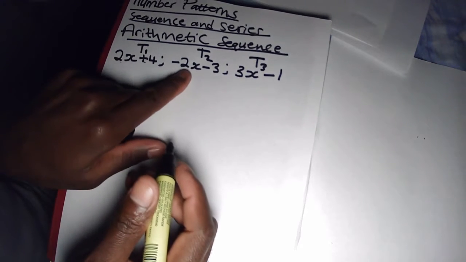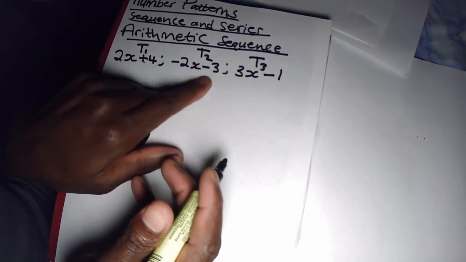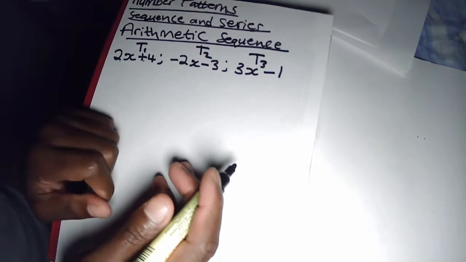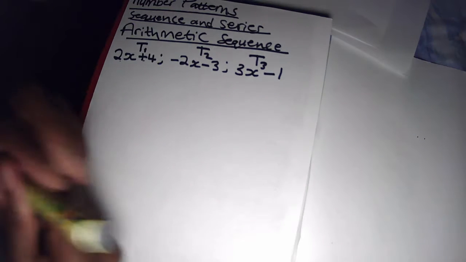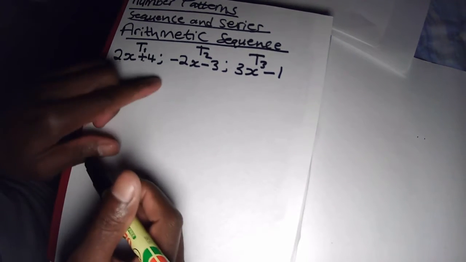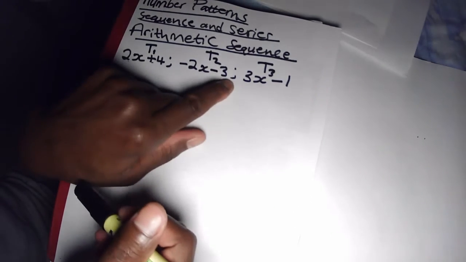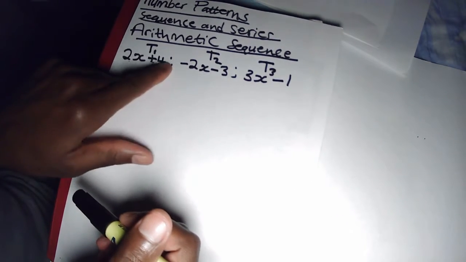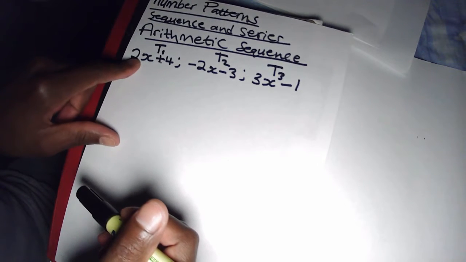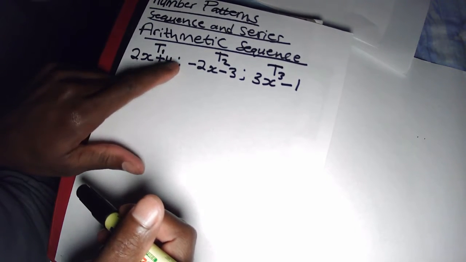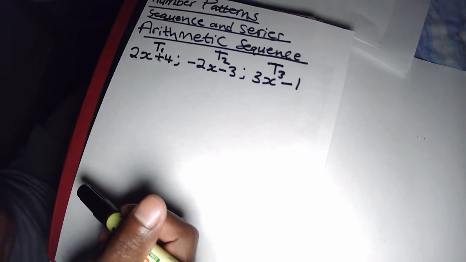This minus 2x minus 3 is a single term. 3x minus 1 is a single term. Don't separate them. They can only be separated by the semicolons. If you look at these semicolons, they tell us that this is a single term.